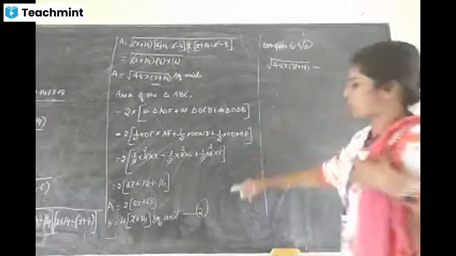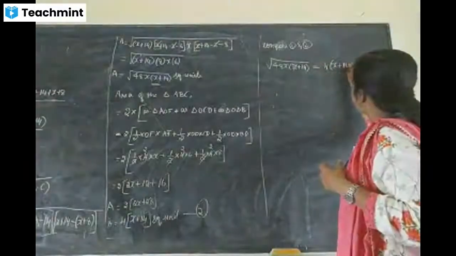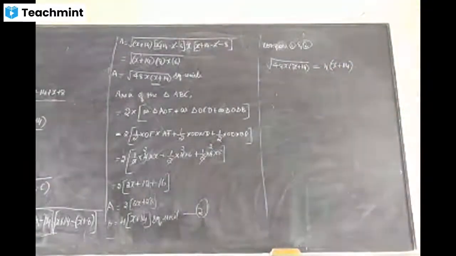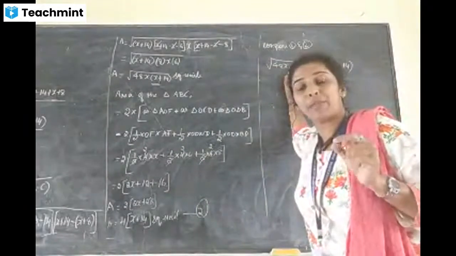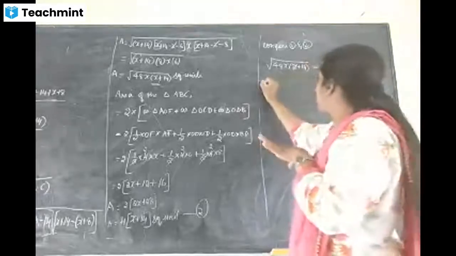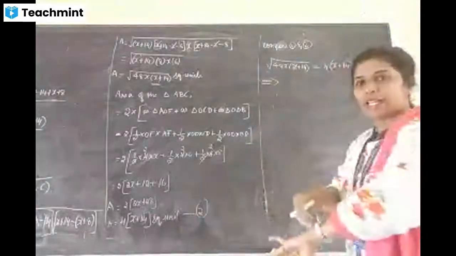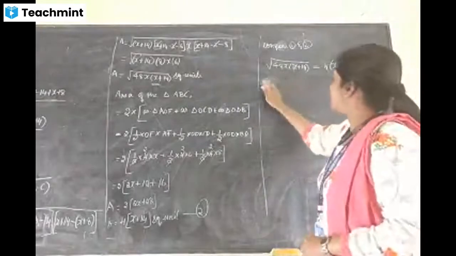That is equal to what equation 2 says: 4 into x plus 14. I want to remove the root, which means I must square both the sides. Maybe time is crossed a little. I'll finish this. Squaring both sides.